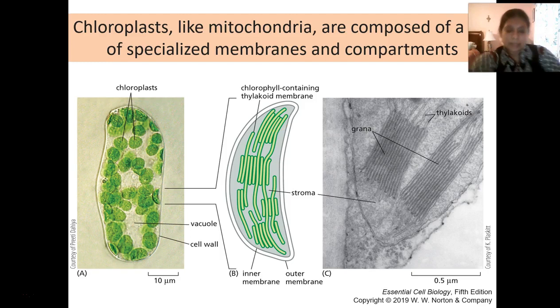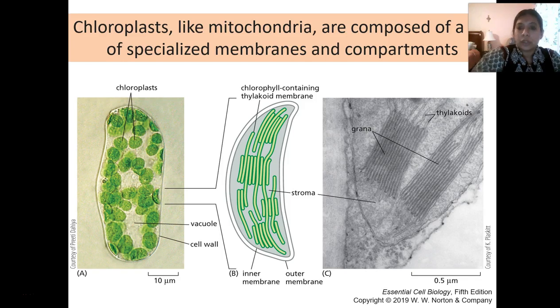So this is something a little bit different than mitochondria, where you only had the two membranes and the second membrane had created that third space. So here, the thylakoid membrane contains all those enzymes that are performing those important functions related to photosynthesis as well as the electron transport chain.